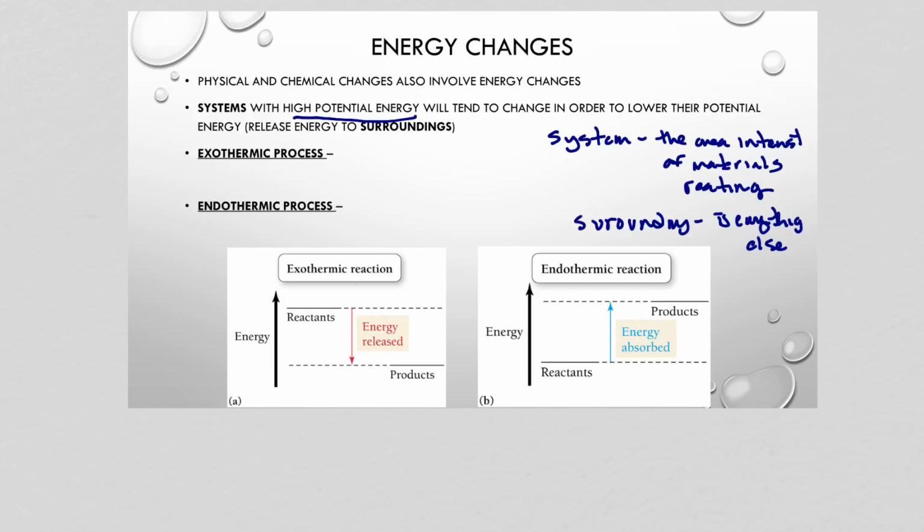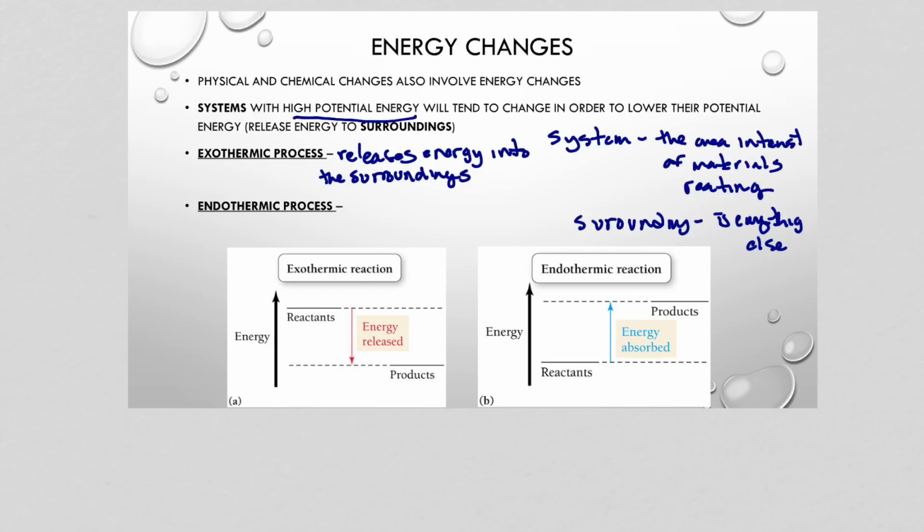So with that being said, we have two types of processes that we can define. We have what we call an exothermic process, which releases energy into the surroundings. So in an exothermic process, energy is transferred from the system into the surroundings.